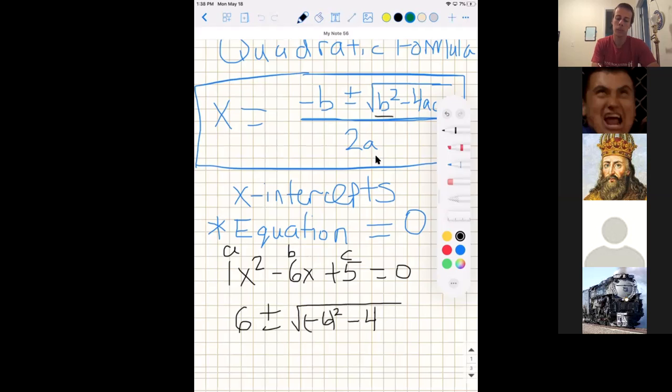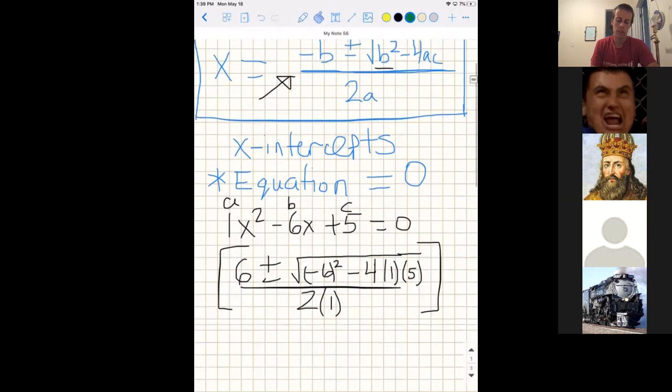So we have b squared, negative 6 squared, minus 4 times a, well, a is just 1, and then our c is positive 5, okay? All divided by 2 times our a value, which is 1. Again, I'm just plugging numbers straight into our quadratic formula that we had up here. Questions on that, how I got this piece down here?